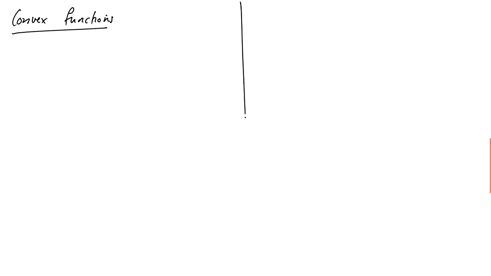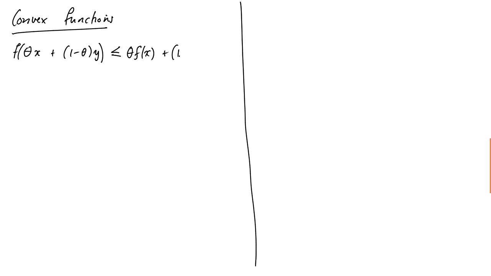Okay, so if I'm talking about a convex function, then my kind of loose definition is as follows. A function is convex if f of theta x plus 1 minus theta y is less than or equal to theta f of x plus 1 minus theta f of y, where x, y, for the purposes of what we're doing, are in R^m.